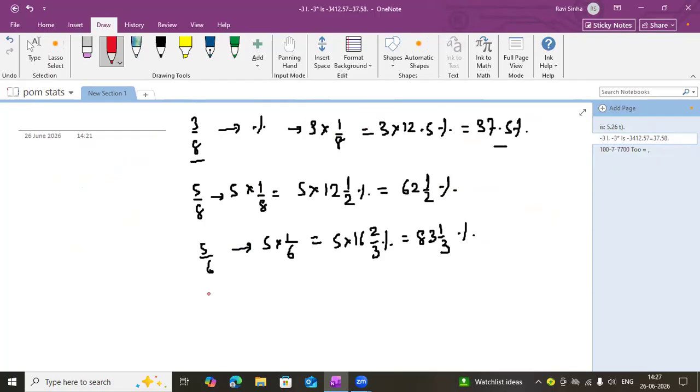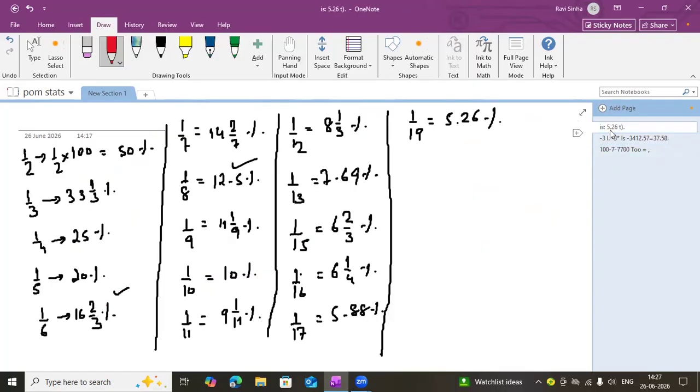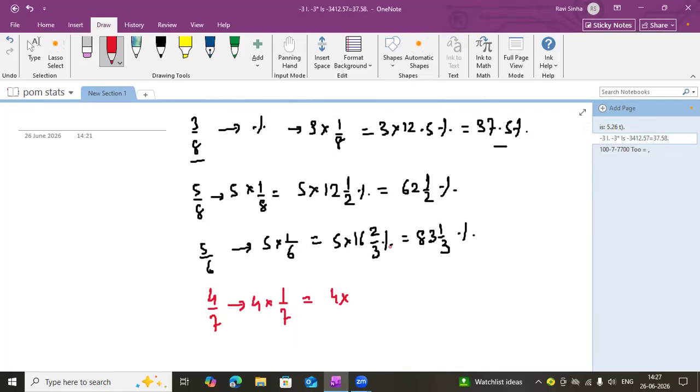Now let us see. Convert 4 by 7 into percentage. This can be written as 4 into 1 by 7%. 1 by 7 is 14 2 by 7%, so 4 into 14 2 by 7% is 57 1 by 7%.